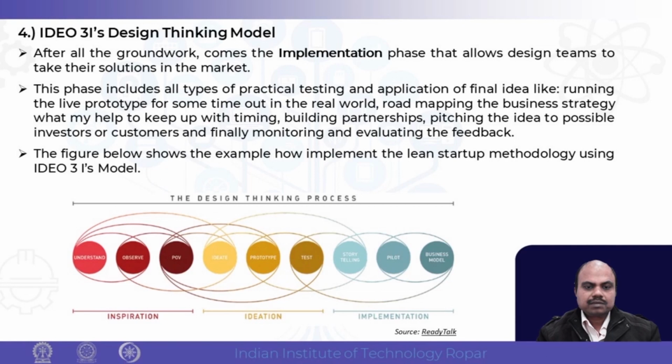First we understand, observe, POV, ideate, prototype, test, storytelling, pilot, and then business model. So the first 3 phases we can say are inspiration, the middle 3 phases are ideation, and the last 3 phases are implementation.